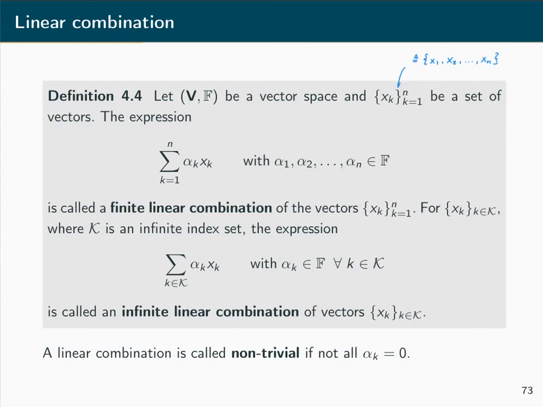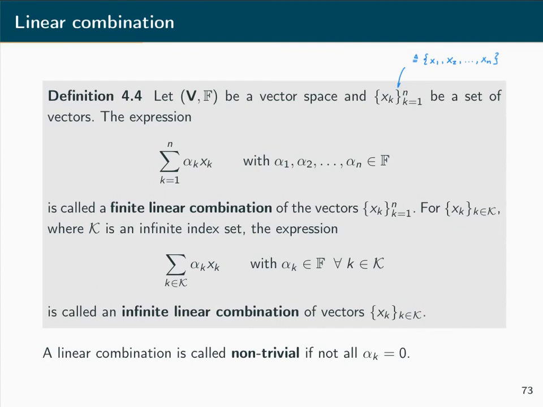This idea can be generalized to infinite linear combinations, where we take an infinite set of vectors and multiply each of these vectors with a corresponding scalar, and now make an infinite sum over all of these scalar-weighted vectors, and call this an infinite linear combination of the vectors in this infinite set.